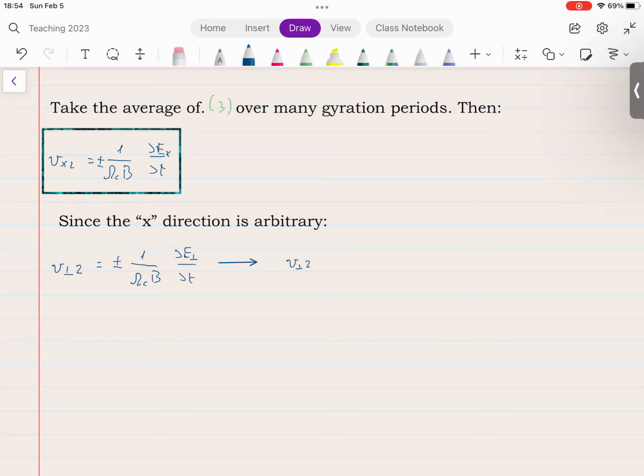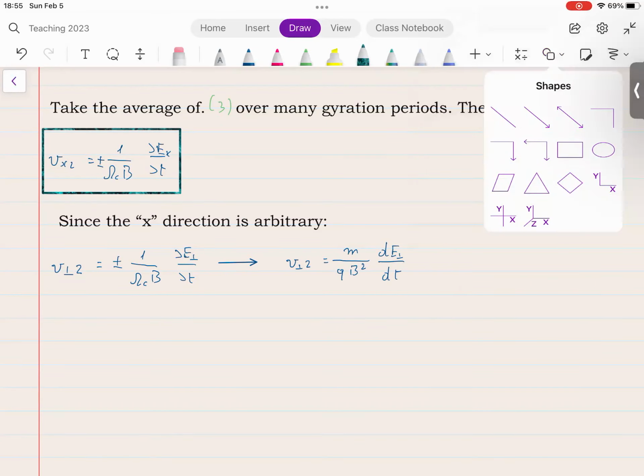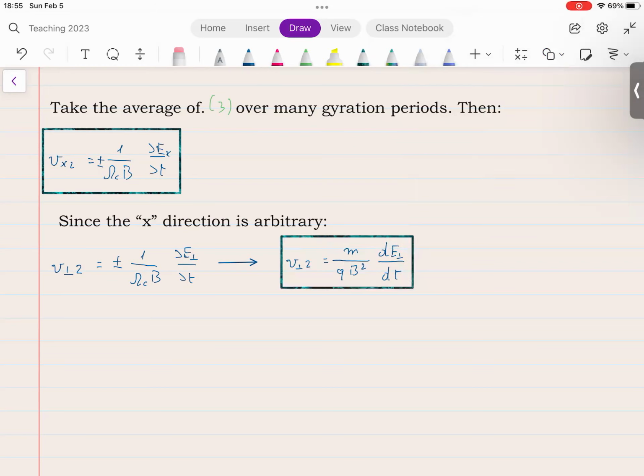Our polarization drift velocity, which is again of order 2 in our expansion over time scales, looks like this. And here I'm just going to put the total derivative of the perpendicular field with respect to time under the assumption that that field does not depend on space.